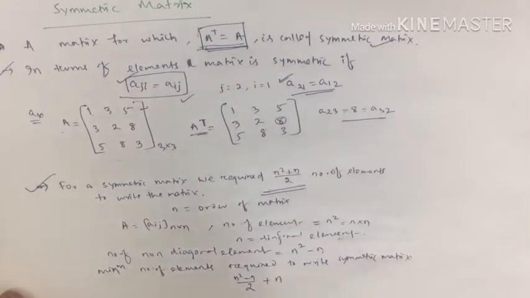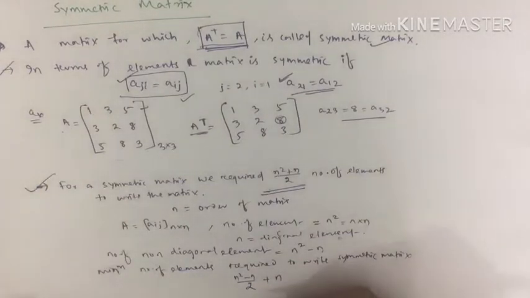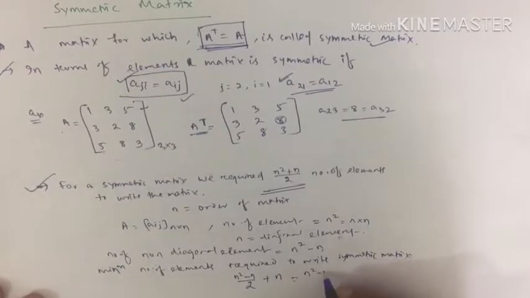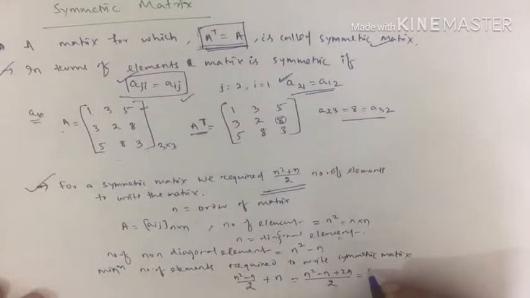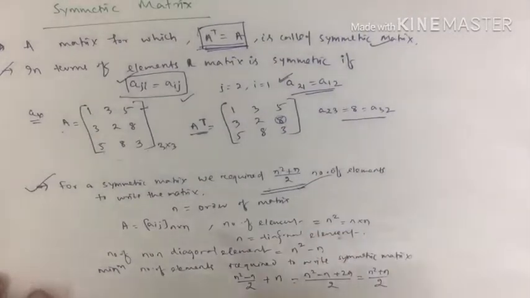This is very simple. This is n square minus n non-diagonal elements divided by 2, plus n. If you solve this, you will get n square minus n plus 2n divided by 2, which is nothing but n square plus n by 2. I have already mentioned it in the line.